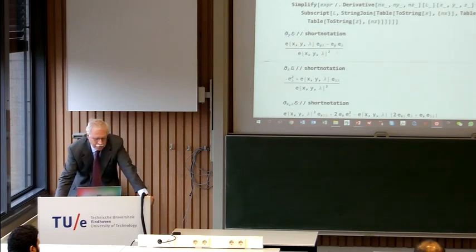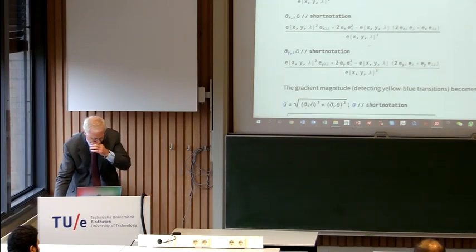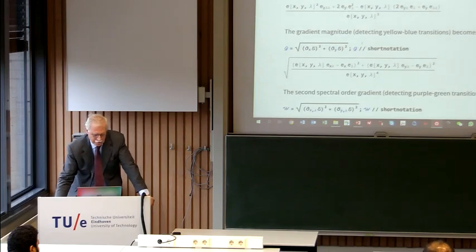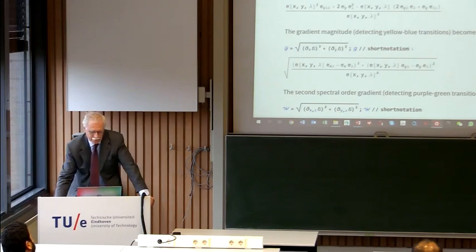And you see we get all these mixed derivatives, first to y, then to lambda, and you can take all the different combinations. Here you have, for example, the derivative to x squared plus the derivative to y squared. That's the gradient magnitude. Well, it turns out a quite special one. We need that a lot.